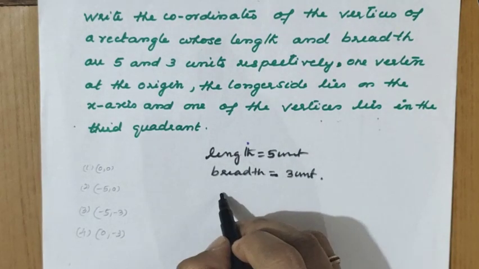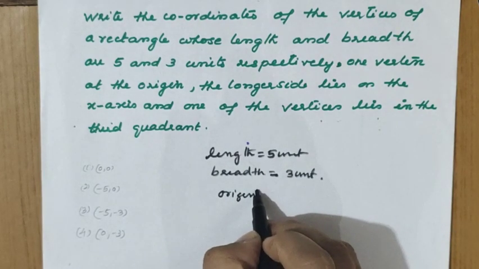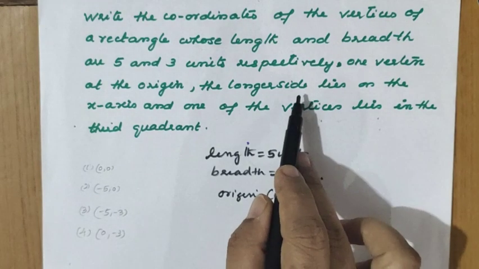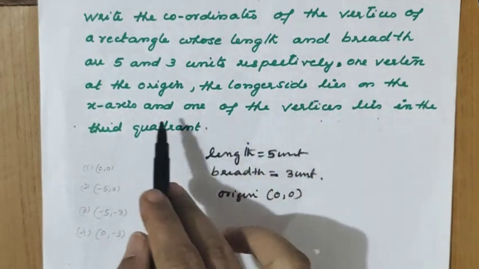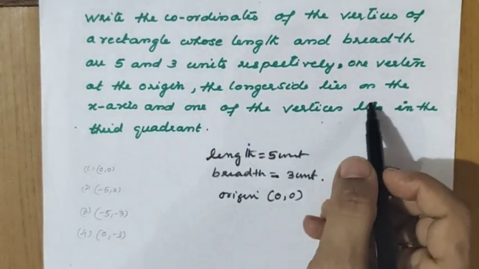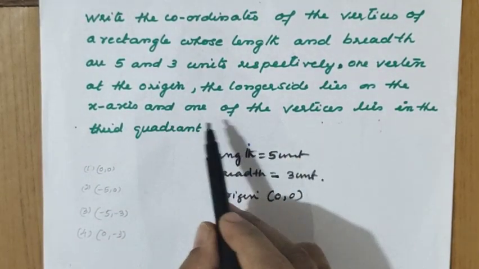Now one vertex is the origin, whose coordinate you know is 0, 0. The longer side lies on the x-axis, but we cannot go for that alone.